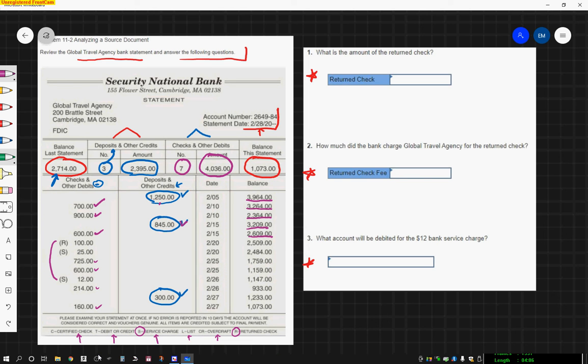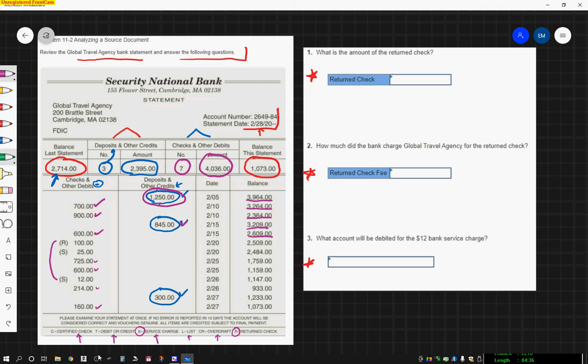Say you got a check from a customer you had done some business for. They paid you a check, and say they paid you $100 for your services. You get to the bank and the check is no good. It's returned. So what you thought was going into your bank account, maybe it was part of this deposit right here, the $1,250. Maybe a $100 check that was in that bundle bounced and it was no good.